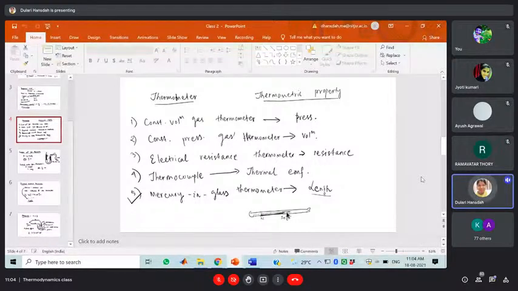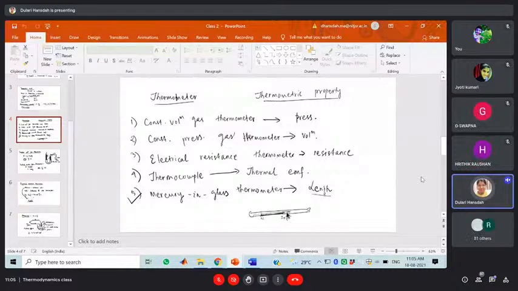Then the last one is the mercury in glass thermometer. This is the common example of temperature measurement. This instrument is used in our household applications. For example, to measure the temperature of your body, we use the mercury in glass thermometer.